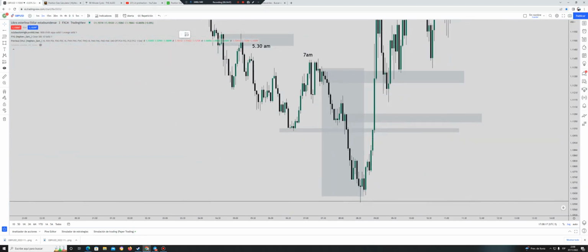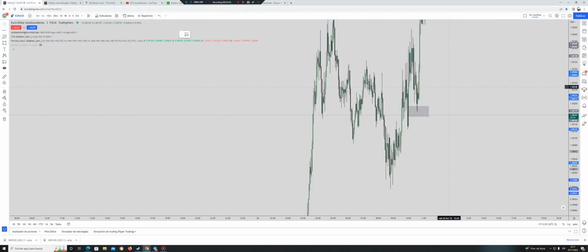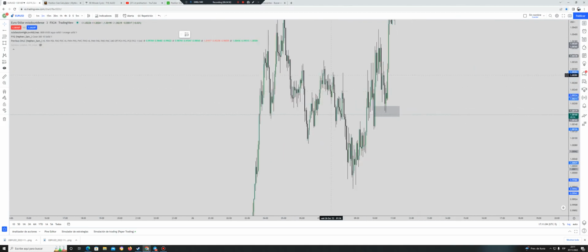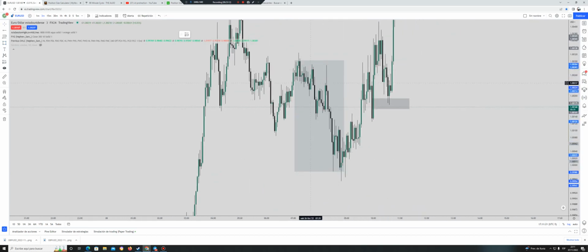Now I'm going to show you another example. Now here you have another example. This is 8 here. Now look how they're moving. They're moving the price down, down, down, down, down. Then it comes to 8:30, 8:40, I don't know. Look how they moved the price down, market protraction, the fake move.